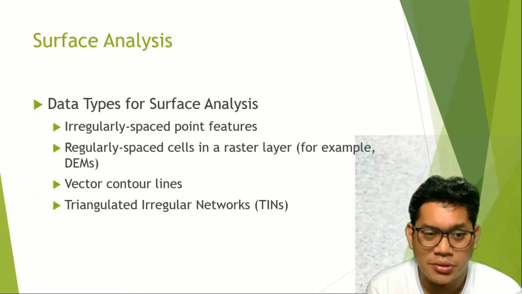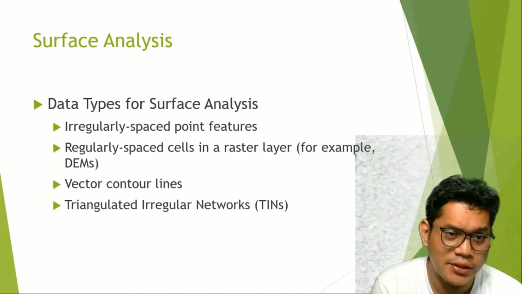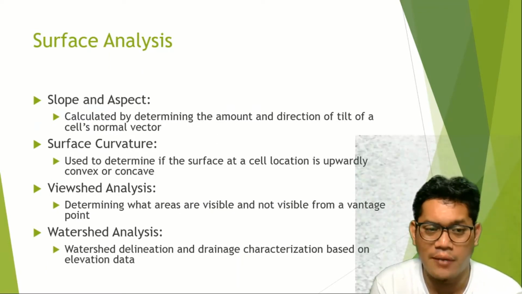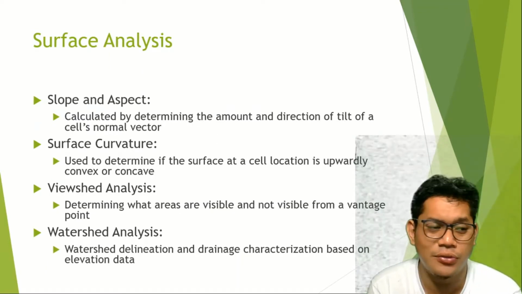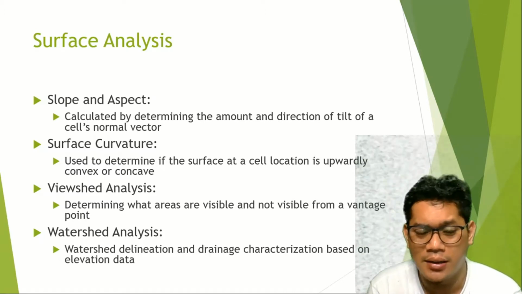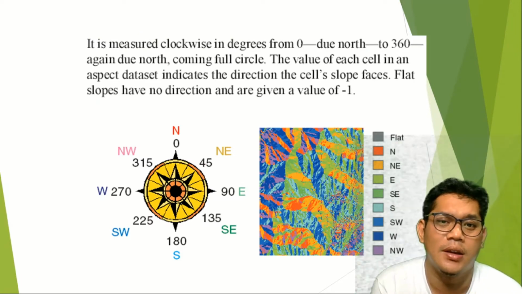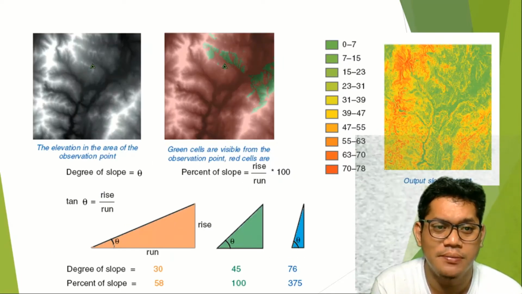There are a lot of surface analysis examples such as DEMs, TINs, and so on. Or you can come up with the slope analysis and a lot of geographical or terrain analysis, and many more. So those are examples here.